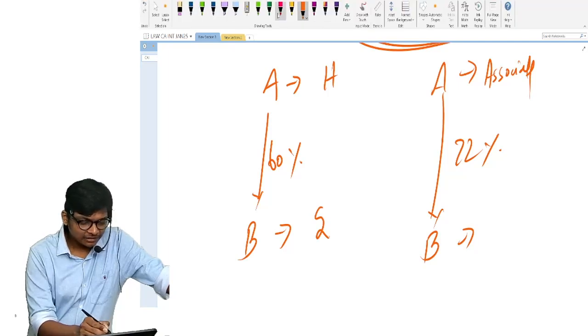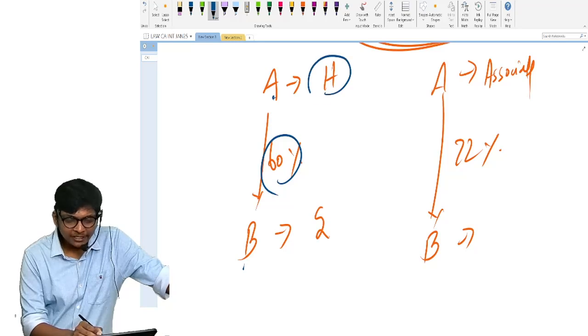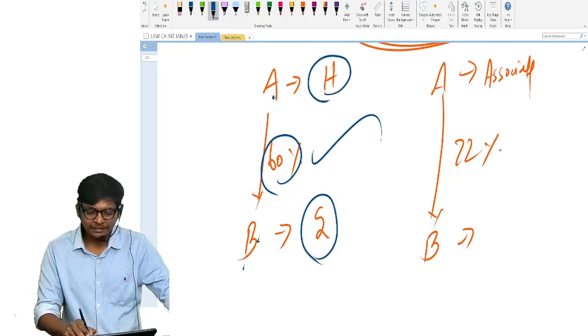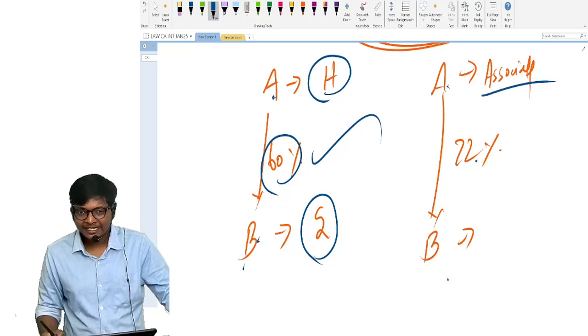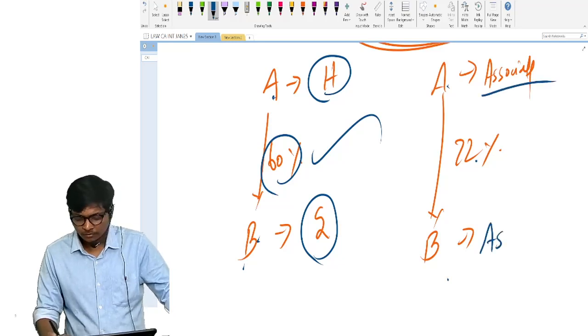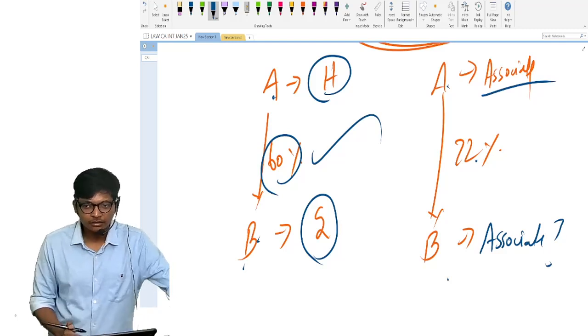Again I'm asking, guys. A is having 60 in B, so A is holding and B is subsidiary. Excellent. If A is having 22 in B, you all said A is associate, then what is B? B also associate?